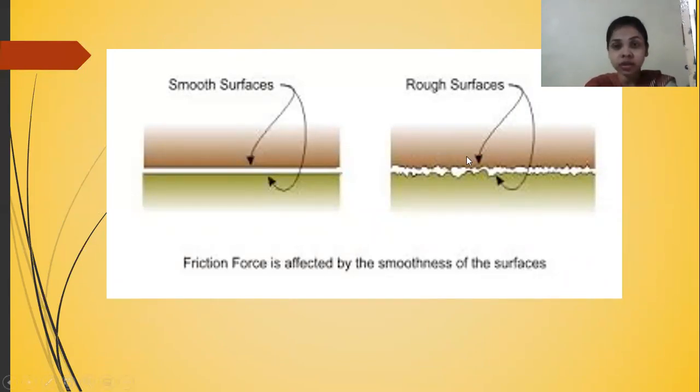But if both the surfaces are rough, then more irregularities are present in those surfaces. Okay, and with more irregularities there are more chances of interlocking, and if there is more interlocking, then the force of friction is also more. Okay, that's why we fall down on a smooth surface, because there is less friction, but we are able to walk on a rough surface because there is greater friction.